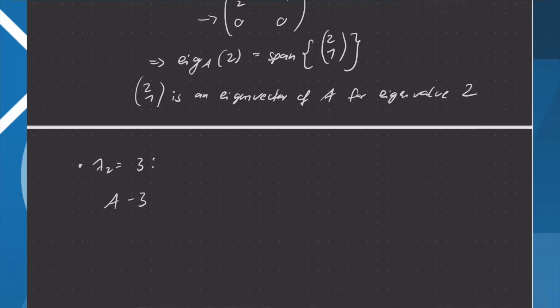Again, we compute A minus 3 E2. Same idea. We have the matrix A, 5/2, minus 1/4, minus 1, 5/2. And this time we subtract 3.